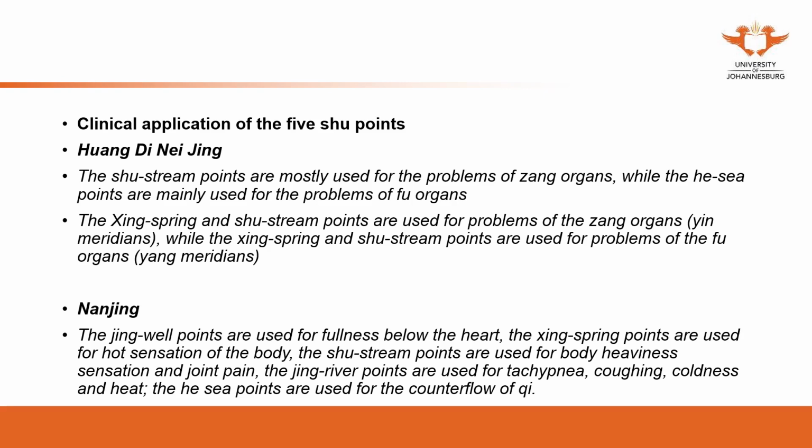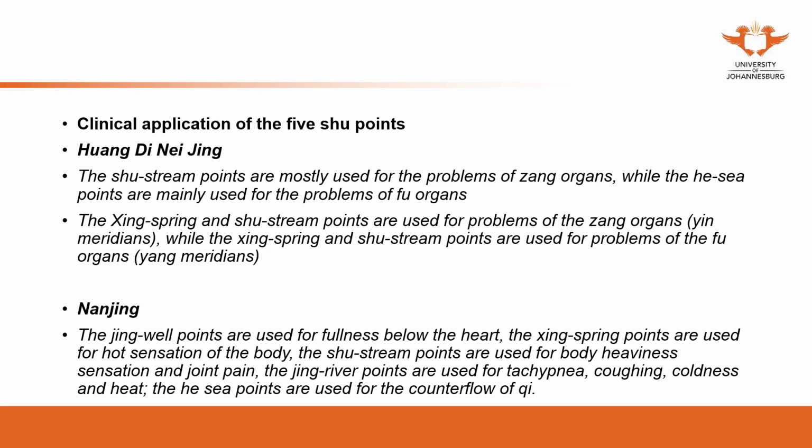In another text, still in the classic, the Ying-spring points and Shu-stream points are used for problems of Zang organs, while the Ying-spring points and Shu-stream points are used for the problems of Fu organs. As you can see, these two sentences are quite similar.